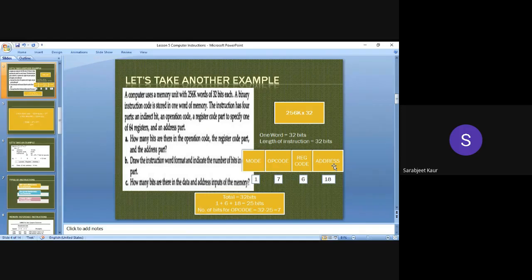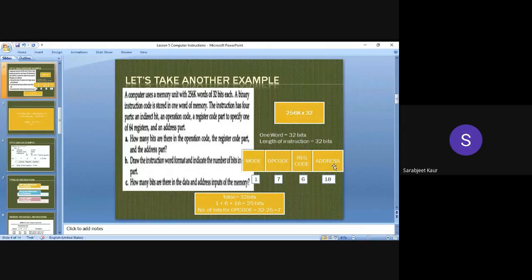There was another question before I close. Let me first send the link of attendance for batch B1. Ma'am, please explain once how we get this number of bits in register code, 6.